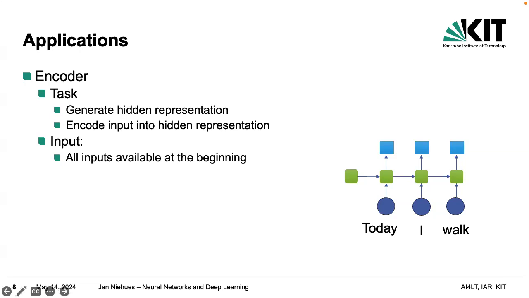And of course, this is typically not the final task, but it can be very helpful to do either classification or sequence labeling, where you want to generate some type of token for each of them. So in all these cases, you need to have an encoder which generates a sequence of states which somehow encodes the most important information. And the important part is that the hidden state here no longer depends only on the word, but also on the previous ones.